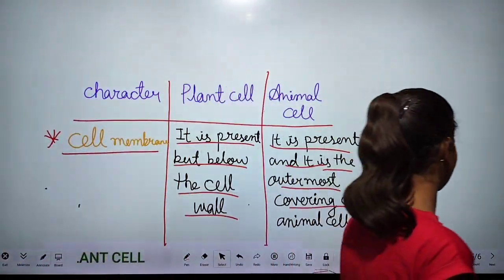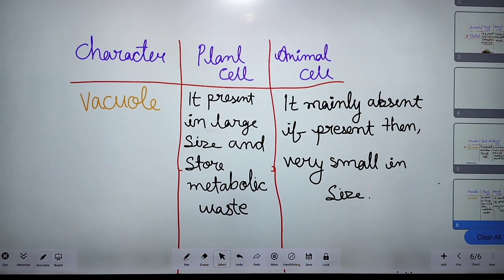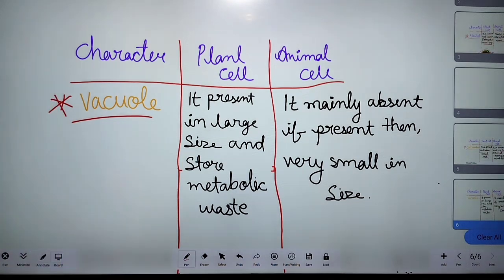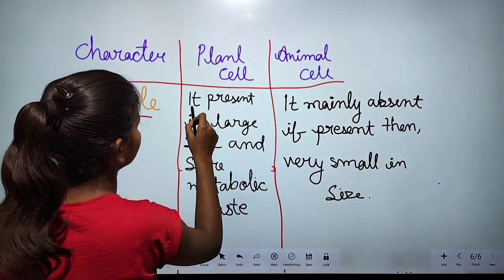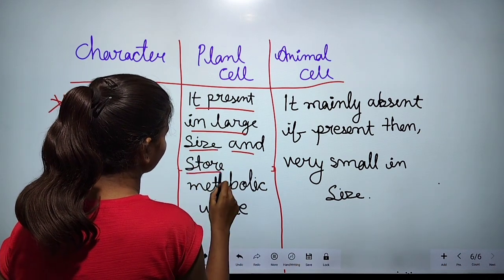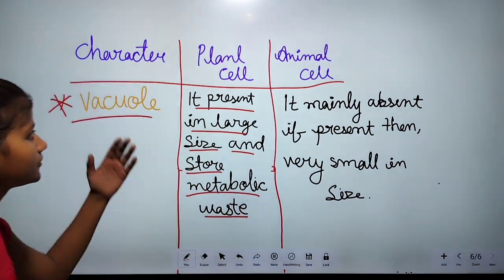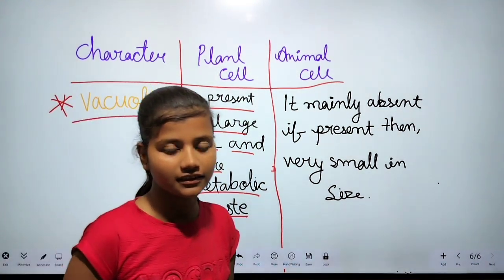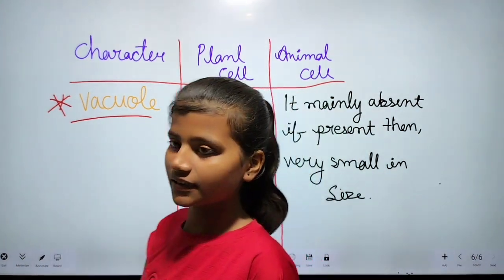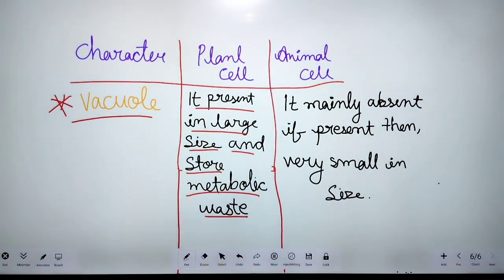Now move to our next character. Our next character is vacuole. Vacuole. In plant cell, it is present in large size and stores metabolic waste. In the plant cell, vacuole is present and it stores metabolic waste, and it is present in a very large size.